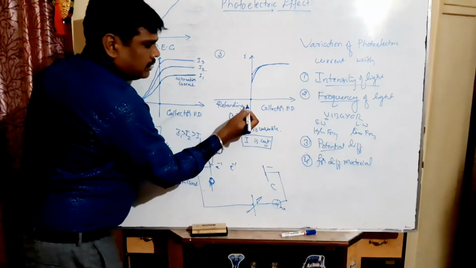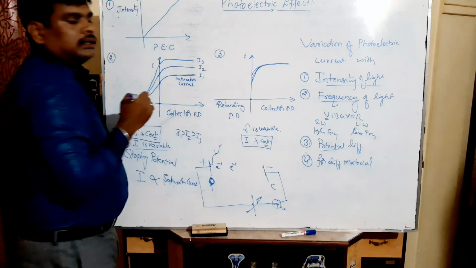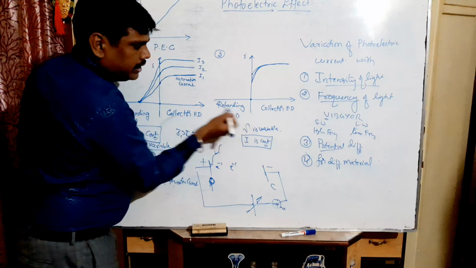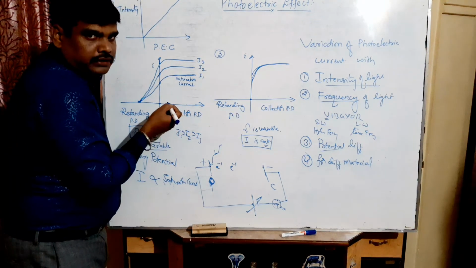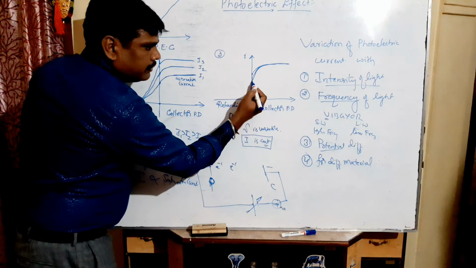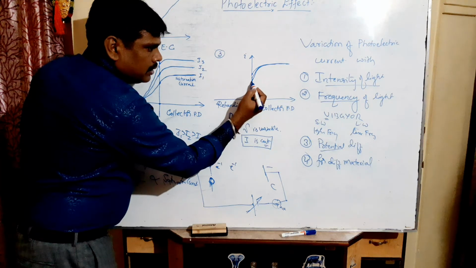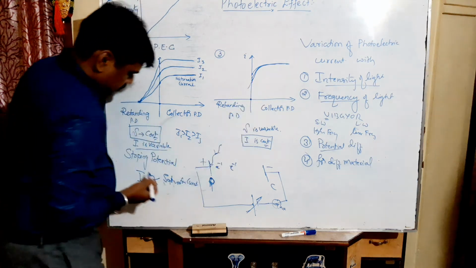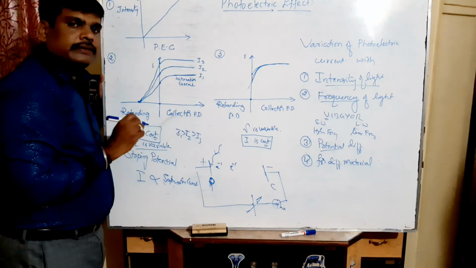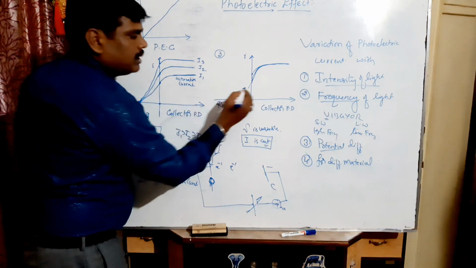But if you want to decrease the photoelectric current, we have to increase the negative potential difference, or retarding potential difference. What we call the stopping potential is the potential difference at which the photoelectric current completely becomes zero.